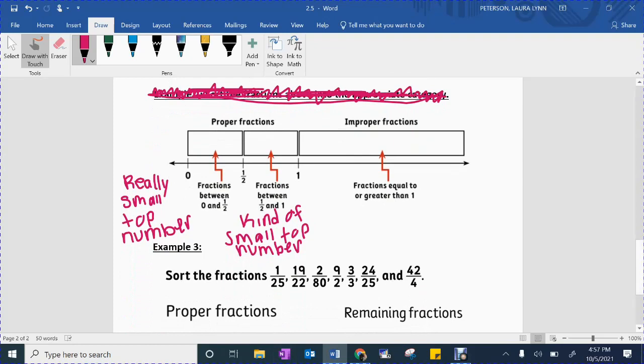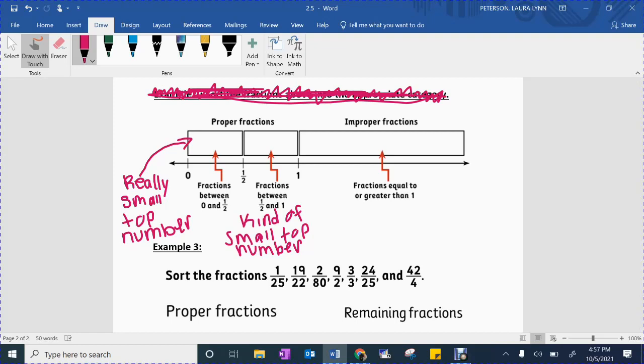But what I do need you to do is we have to add labels. Because in our last example, example 3, we are going to sort fractions into these 3 categories. There's 2 types of proper fractions, and then there's improper. So near the end of our number line, I want you to draw an arrow pointing to the last little box, and I want you to write really small top number.